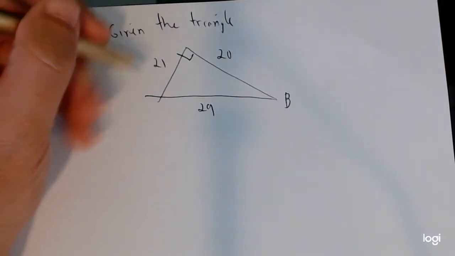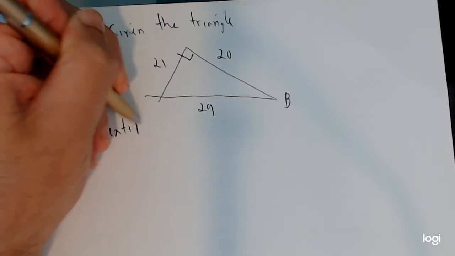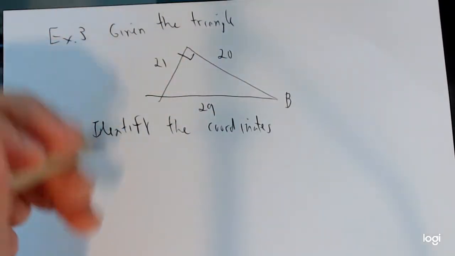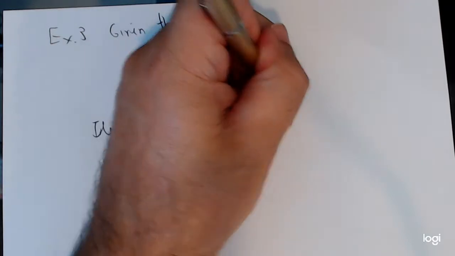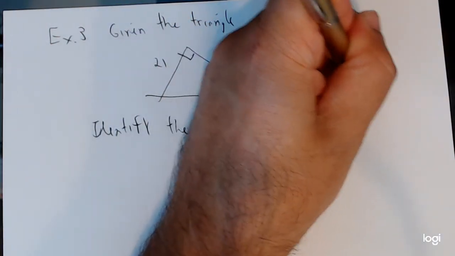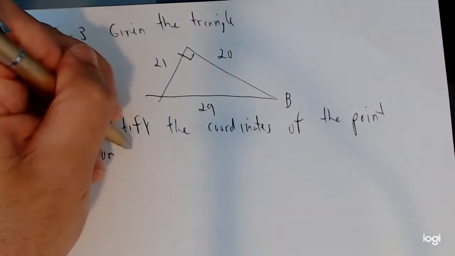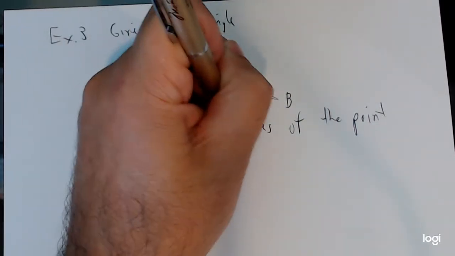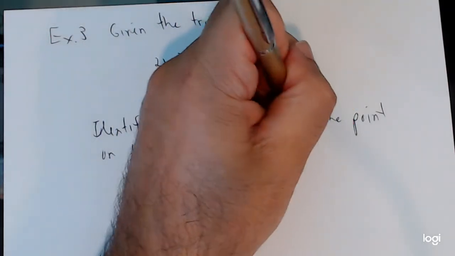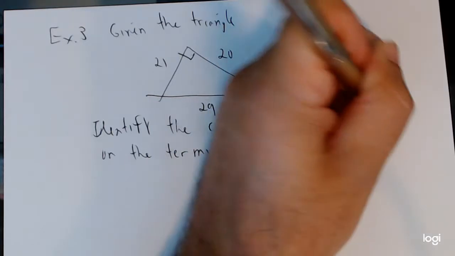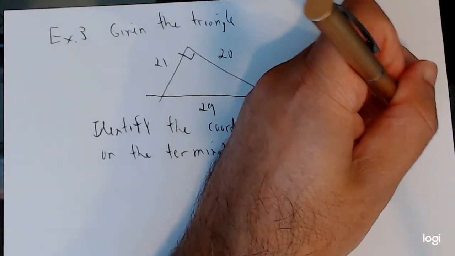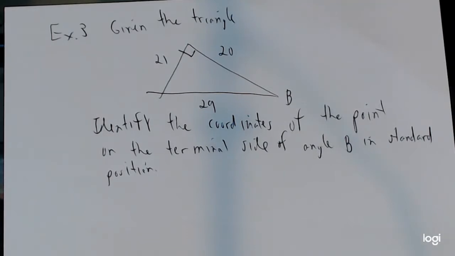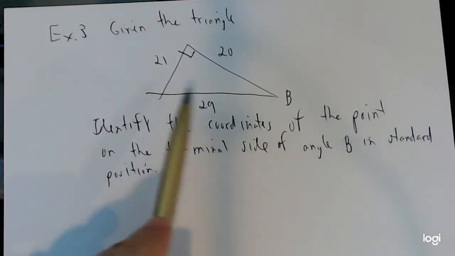We want to identify the coordinates of the point on the terminal side of angle B in standard position.